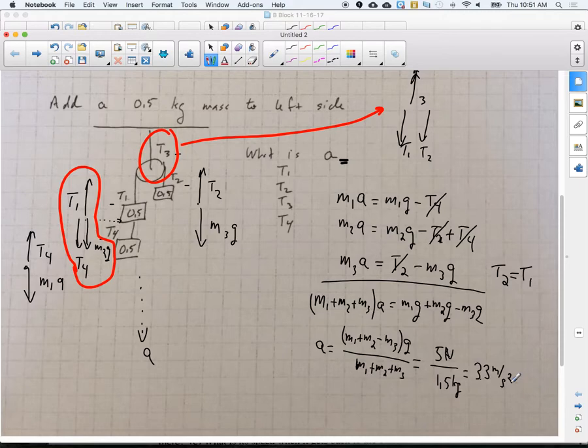And then I can solve for the individual tensions. Coming back to this equation right here, I would write T4 is equal to M1G minus M1A. T4 is equal to 0.5 times 10 minus 3.3. So what does that give me, what's 0.5 times 6.7? 3.35.